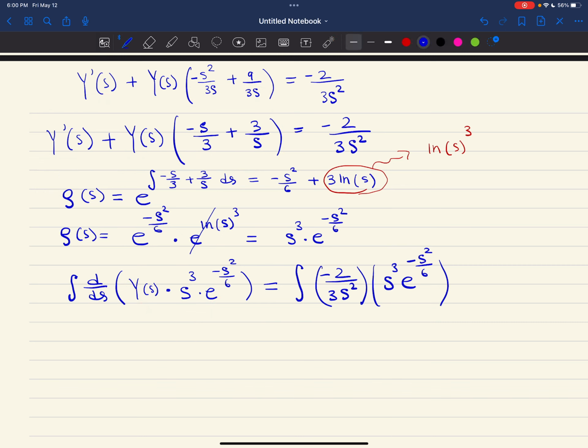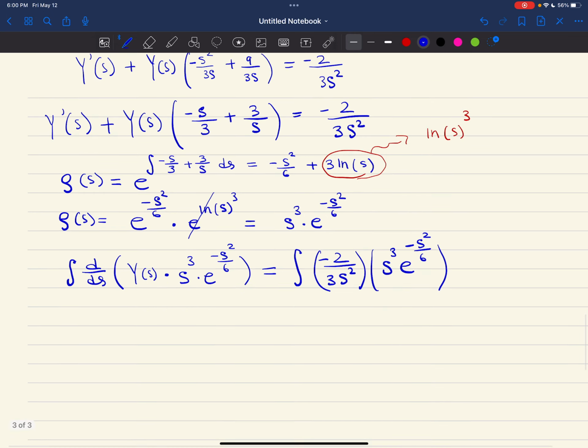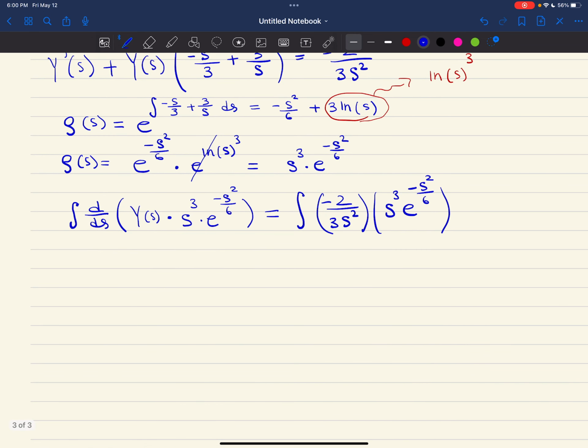But that's a little bit hard to figure out, so always remember that it's going to be your integrating factor times your Y of s, or big X of s, or whatever your professor gives you. And then it turns out these just cancel. Integration and derivative just cancel out. So you are left with big Y of s times s to the power of 3 e to the power of negative s squared divided by 6.